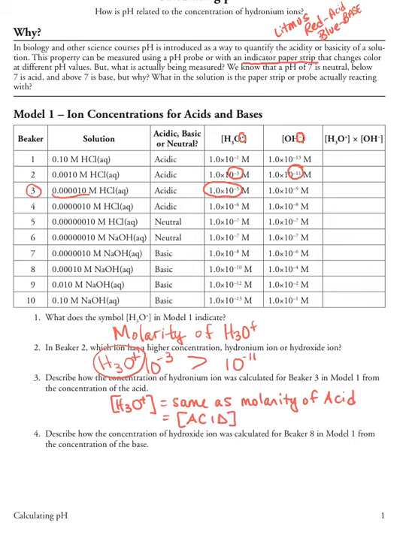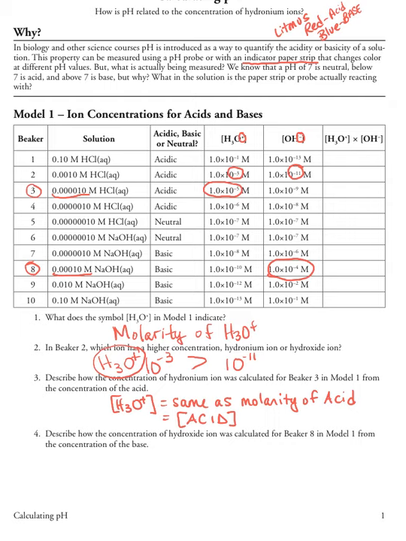Four says, describe how the concentration of the hydroxide ion was calculated for beaker 8 in Model 1 from the concentration. So beaker 8, here's the concentration, and let's look at the hydroxide. So this is the hydroxide. Well, this is 0.00010, and this is 1 times 10 to the negative fourth.